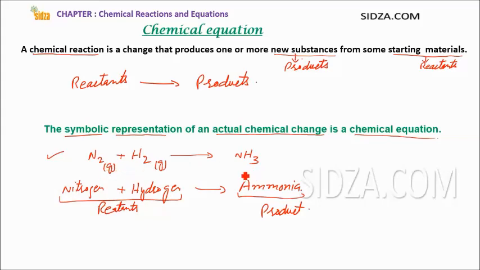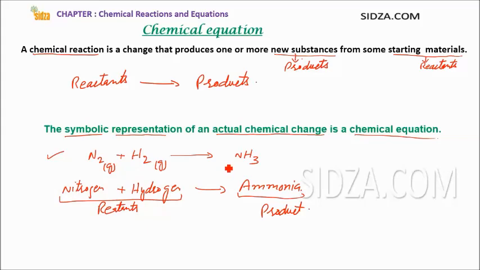In a chemical equation, the number of atoms of the different elements on the reactant side must be equal to the product side. That should not differ, right? Suppose the number of nitrogen atoms here is 2, we should also get 2 here. That's called a balanced chemical equation.